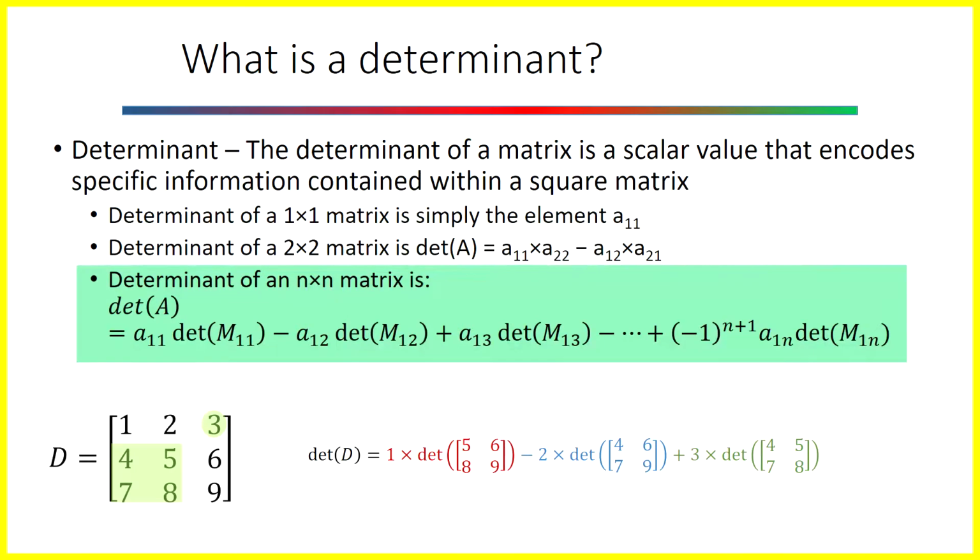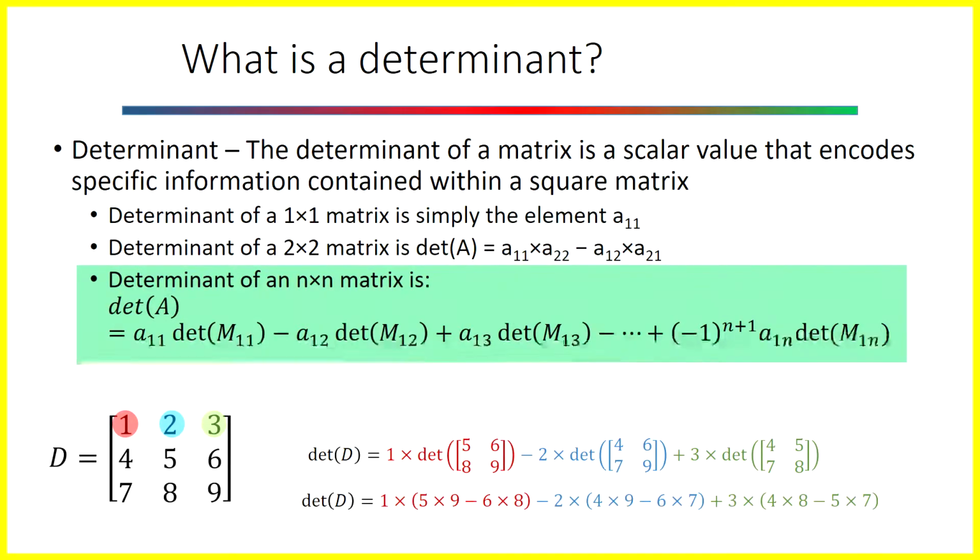Next, we need to actually calculate the determinants of all of those 2 by 2 matrices to figure out the actual value of the determinant of D. But calculating the determinants of 2 by 2 matrices, as we just saw, is quite easy. The determinant of 5, 6, 8, 9 is 5 times 9 minus 6 times 8. The determinant of 4, 6, 7, 9 is 4 times 9 minus 6 times 7.